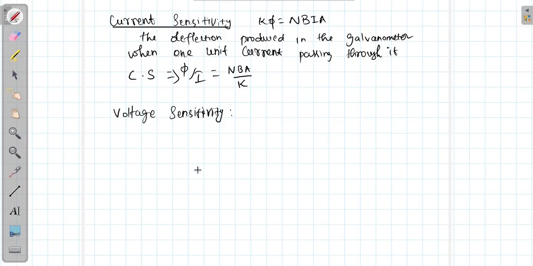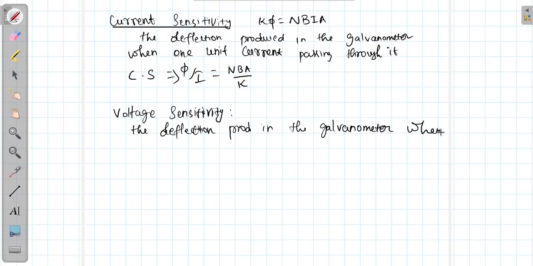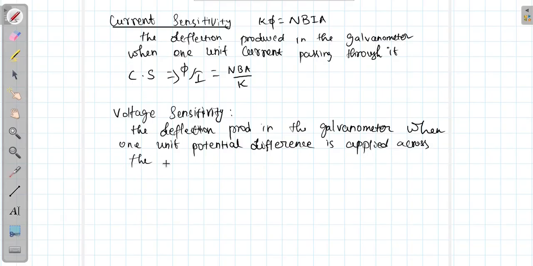Again, this is similar. The deflection produced in the galvanometer when one unit potential difference is applied across the galvanometer.